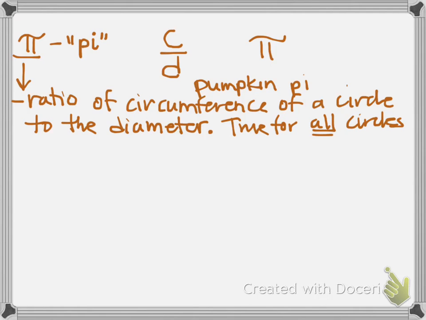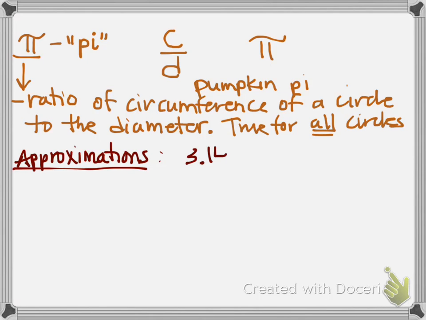Okay. So the approximations that we use, since it is never ending, and the one that you have been using for the majority of your mathematical career is what? 3.14.